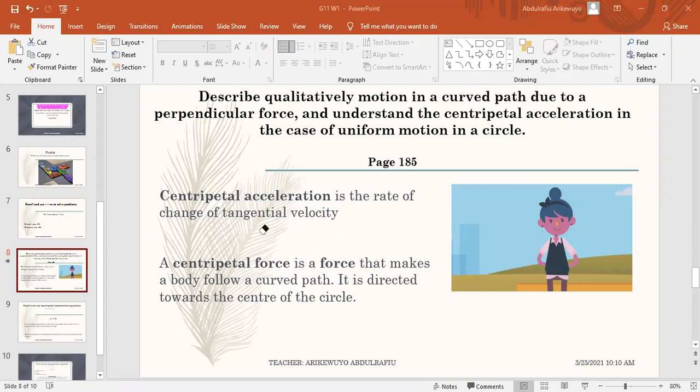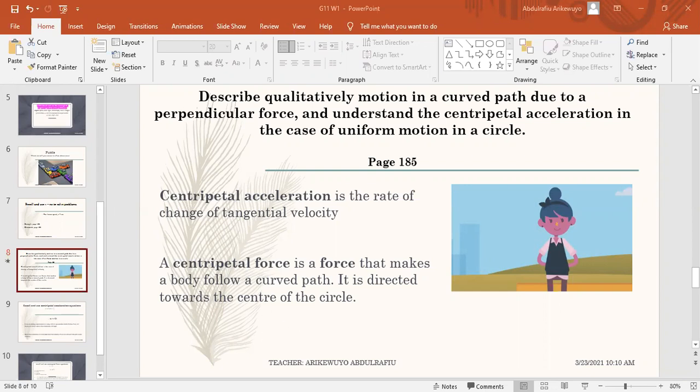Very good. That is centripetal acceleration. In simple words, when a car or anything is moving in a circle, the acceleration is called centripetal acceleration. When you just say acceleration, you mean the linear one. But when you say centripetal acceleration, you mean the circular one. Is that okay?